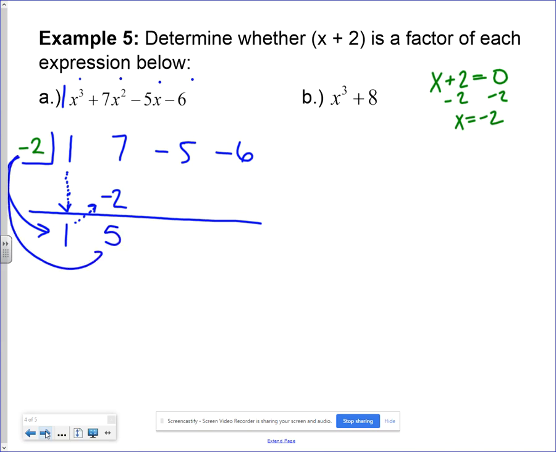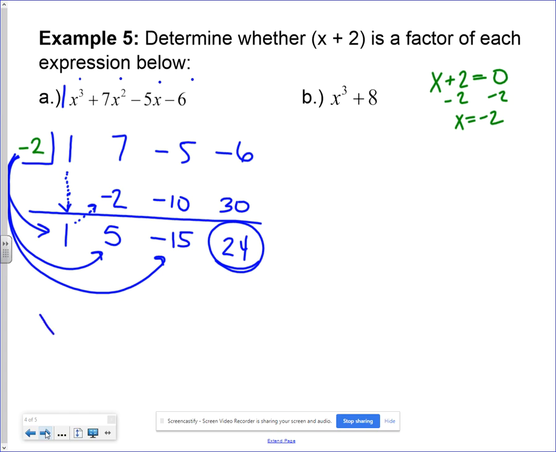Take negative 2 times 5 is negative 10. Add these together. Negative 15. Negative 2 times negative 15 is 30. Add these together, you get 24. So the remainder is 24. So is x plus 2 a factor of it? No. X plus 2 is not a factor.